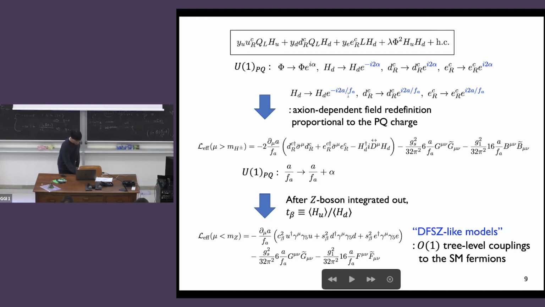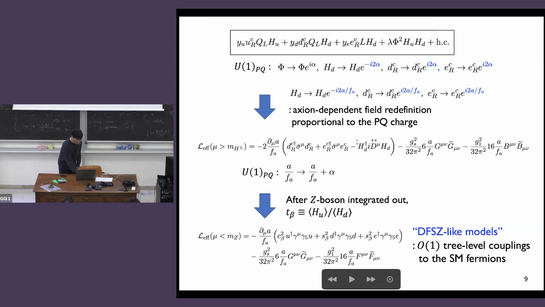And then in this basis, we get axion derivative couplings to the originally PQ-charged fields, and now they become, of course, PQ singlets. And because this transformation is chiral, again, by the chiral anomaly, we obtain the axion couplings to the gauge fields. And below the electroweak scale, actually, there is an important threshold correction here.